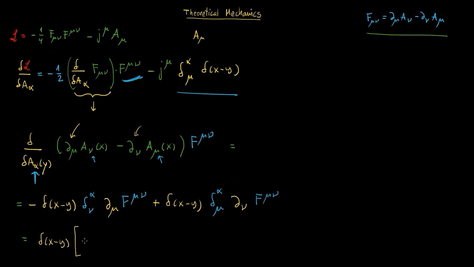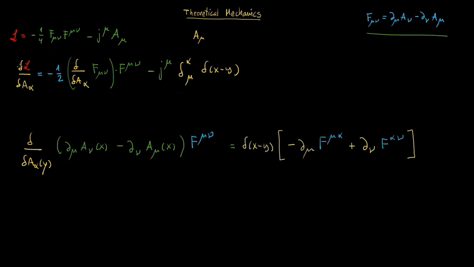We will have minus partial mu, and we will write alpha instead of nu because of this Kronecker's delta. So F mu alpha plus partial nu, and in the same spirit we change mu by alpha. But let me put this minus a half here. So we will have minus a half.